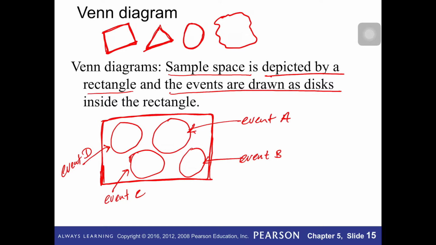Otherwise we don't know what this event is. All outcomes inside these events are inside these circles. This is how we draw Venn diagrams.